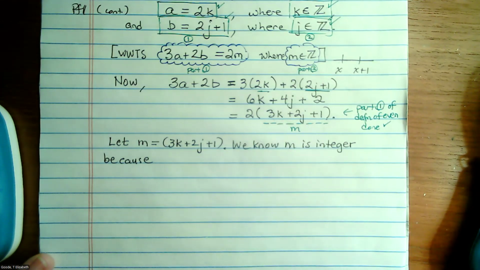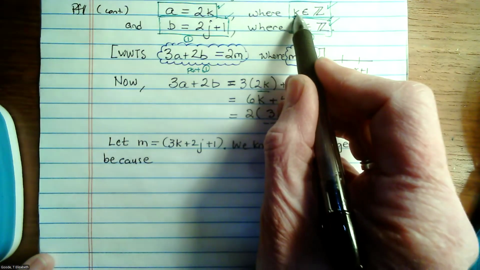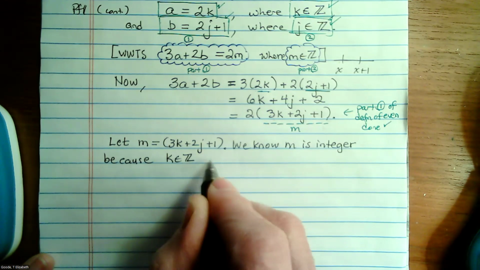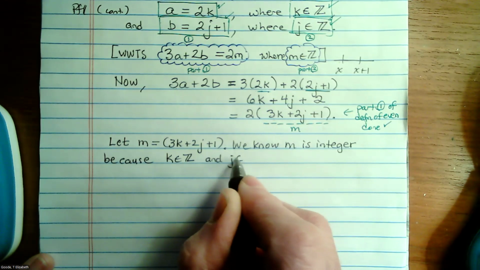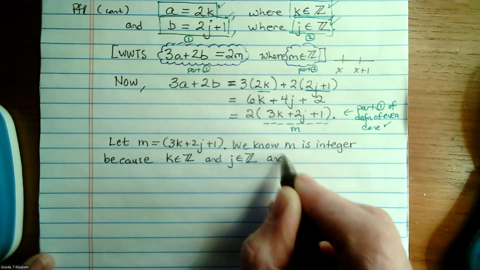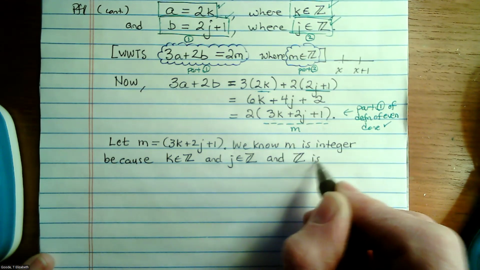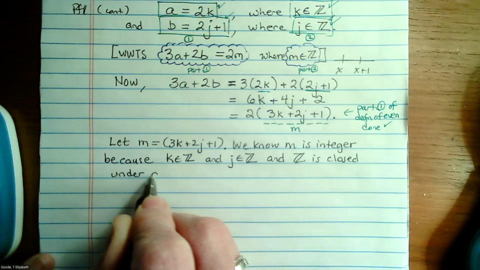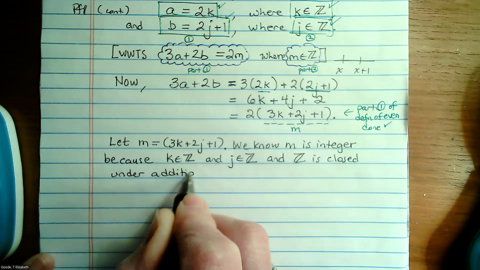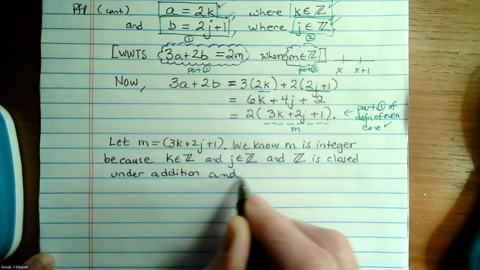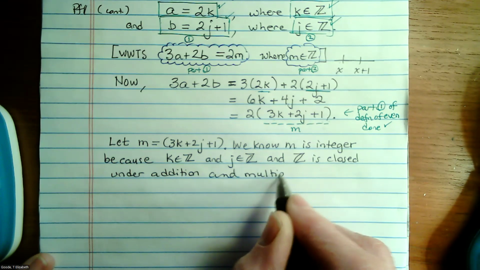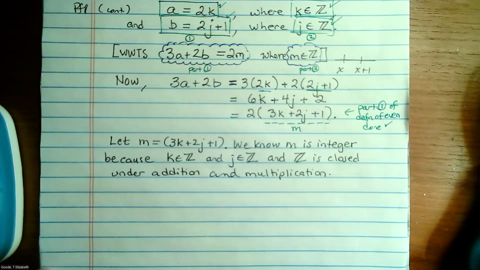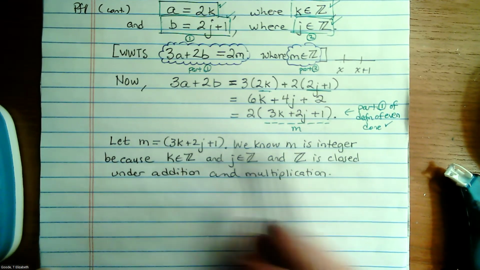So we have to invoke the fact that K and J are integers because K is in Z and J is in Z and Z is closed under, you said addition, yes, and I guess multiplication too. Yeah, and multiplication as well because we used both operations. Great. And now we have it in two sentences.